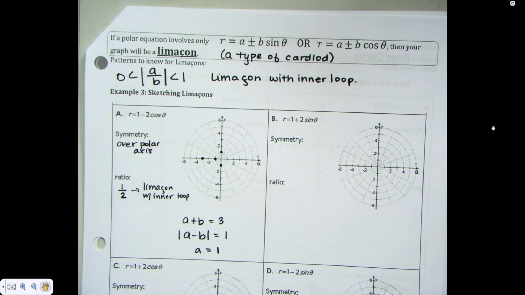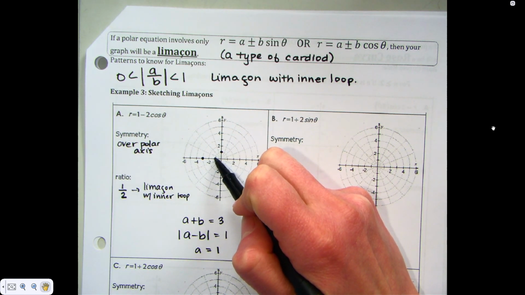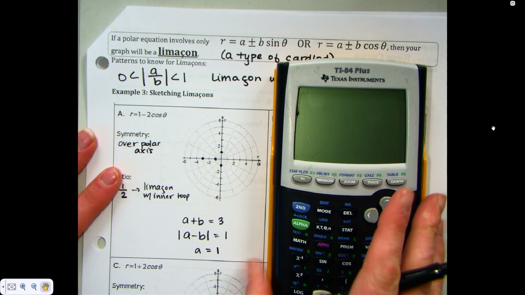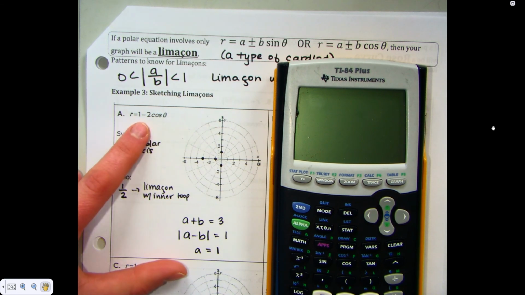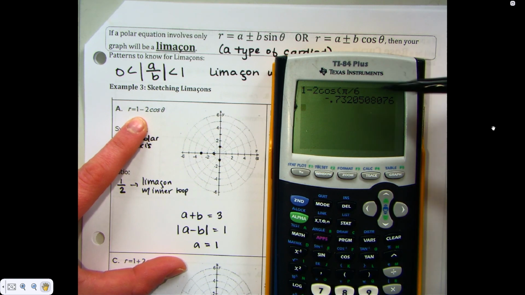And to get the rest of it, I want to start plotting some points. Remember, I started at theta equals 0, and that puts me right here, sort of on the inside of my inner loop. And I'm going to plug in values like pi over 6 and pi over 4. So let's try it out and see what happens. We get 1 minus 2 cosine, and let's try pi over 6. So when I plug in pi over 6, I get about a negative 0.7.